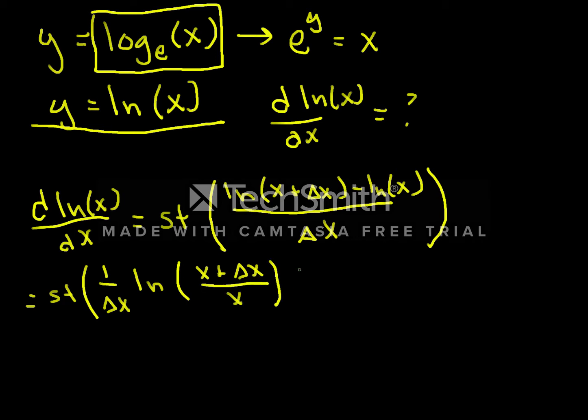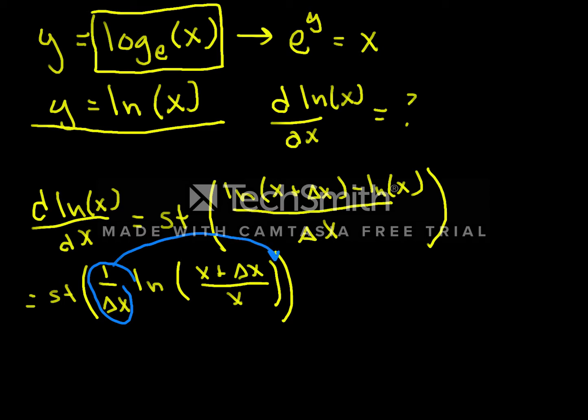Remember our quotient rule for logs says that if I've got a quotient on the inside, that's the same as the natural log of x plus delta x minus the natural log of the denominator. That's what we have here, so that simplifies to that. And then we also have our rule that constants in front of our logs come in and become our exponent.